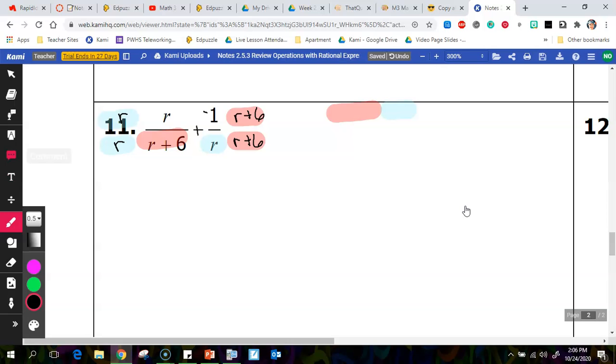Okay, so now I'm working with each of these things separately. So I'm going to do this right here, and then I'm going to do this right here separately. So they have the same denominator, so I'm going to just rewrite the denominator.